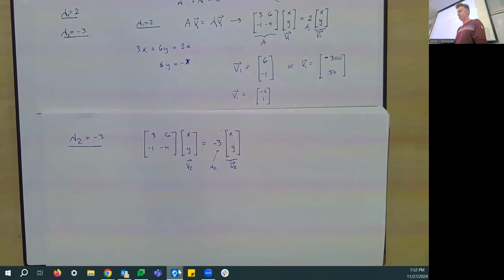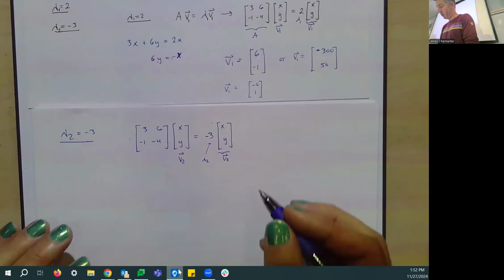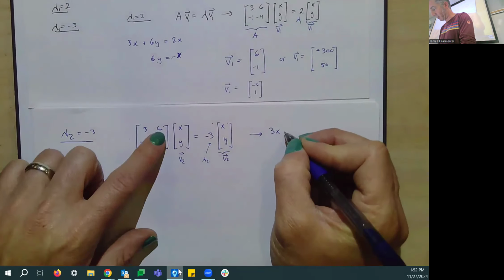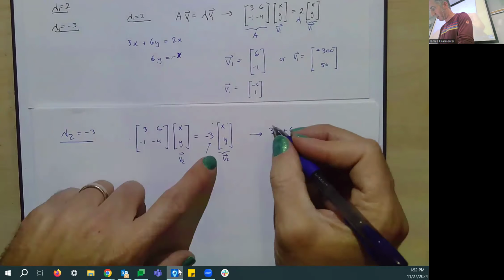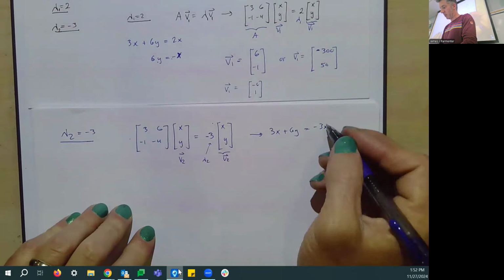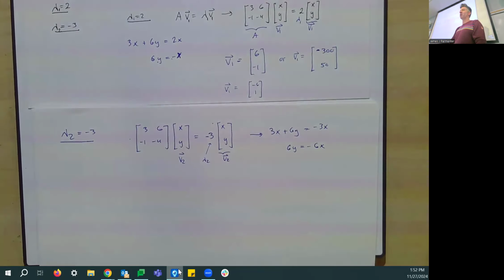I'm just labeling them so you can see what's happening. Again, I think you only need one equation here. If you just look at the first equation, you're going to get 3 times x plus 6 times y equals -3 times x. I'm going to subtract 3x from both sides, so 6y equals -6x. At this point, you could divide by 6, because why not?